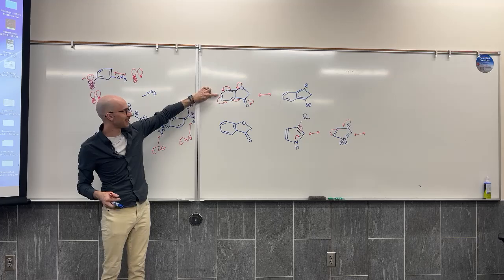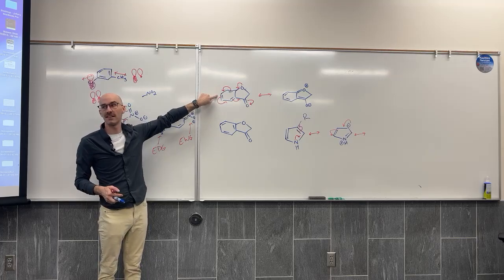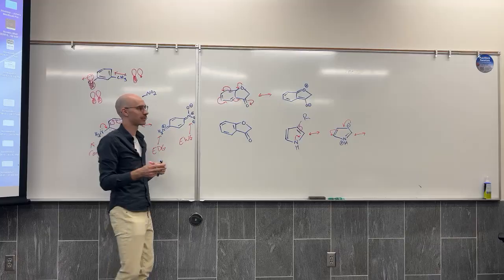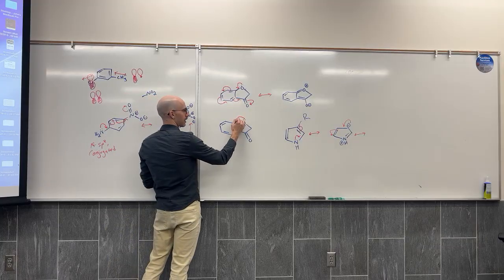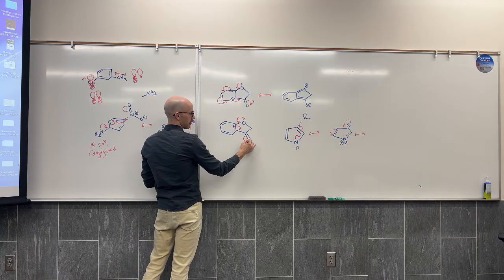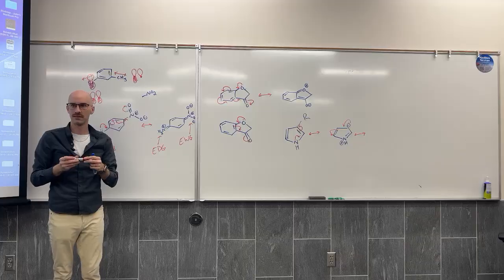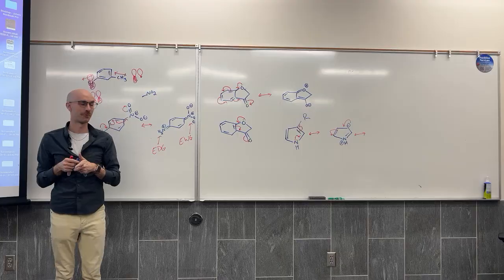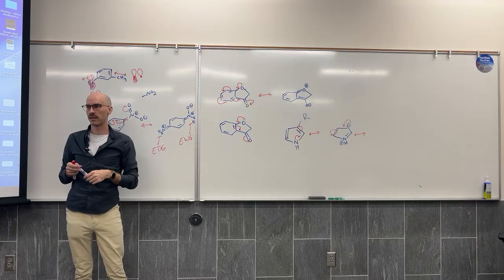So the difference here is simply the placement of the pi electrons in the ring. Now look at how many arrows I need. Oxygen, pi bond, oxygen. I cut out 2 electron arrows because I didn't have to mess with the pi bonds in the ring. They were already where I wanted them.